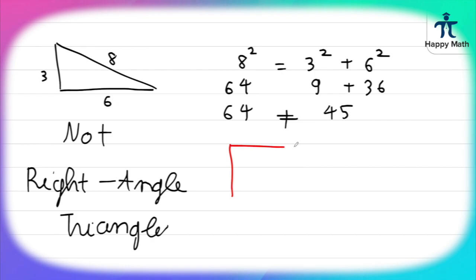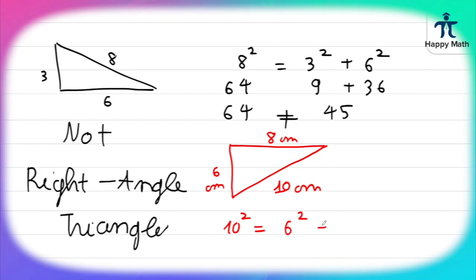For another triangle, one side is 6, the second is 8 centimeters, and the last is 10 centimeters. How about this case? The largest side is 10, so you have 10 squared compared to 6 squared plus 8 squared. 6 squared is 36 and 8 squared is 64, so the sum is equal to 100. It is perfectly correct.